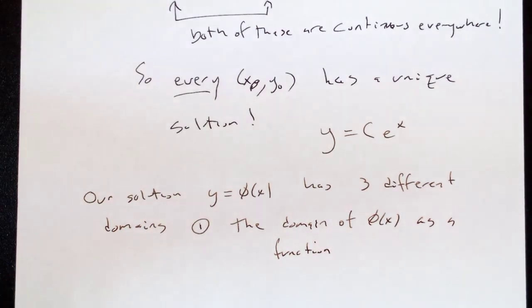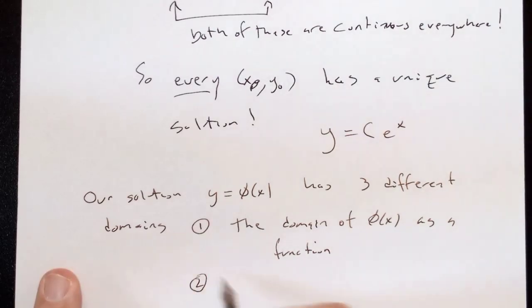Like our first example, we had 1 over x squared minus 1, right? And Jalen, you pointed out that it doesn't exist at 1, it doesn't exist at -1. That's the domain as a function, that's our algebra domain. This function lives everywhere except these 2 dots.